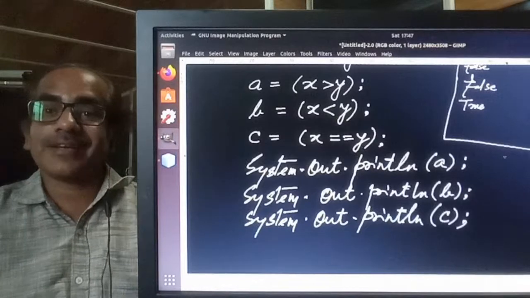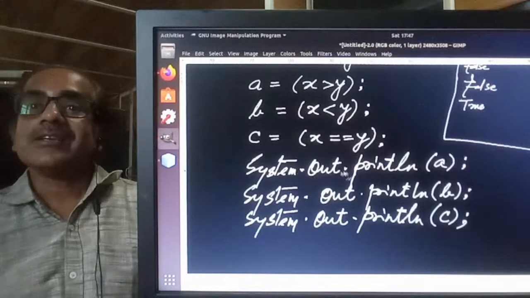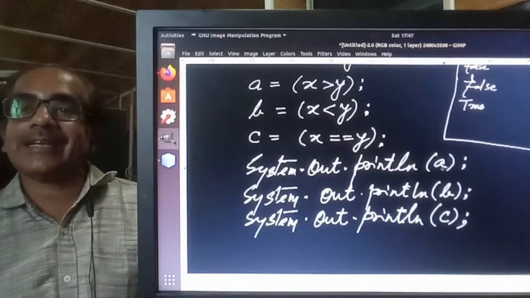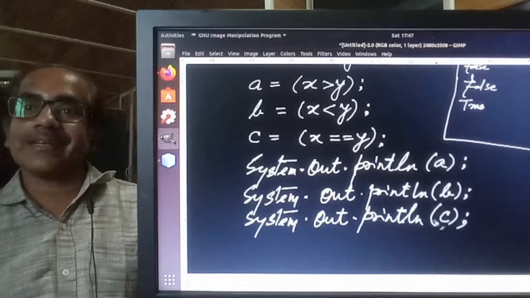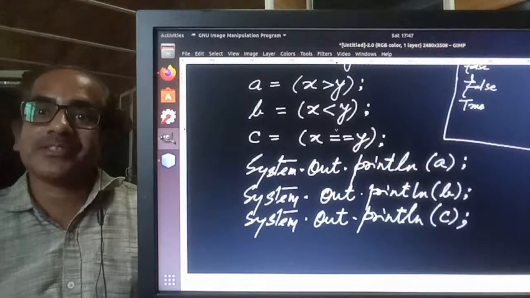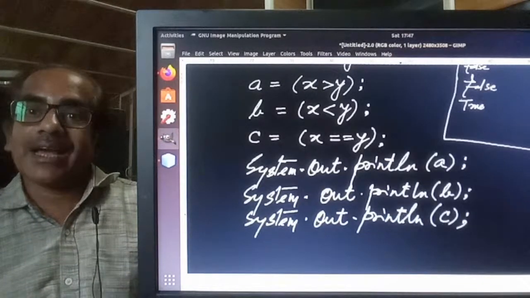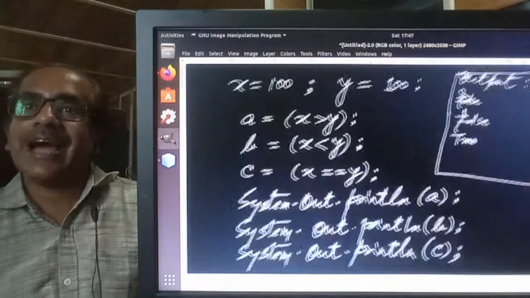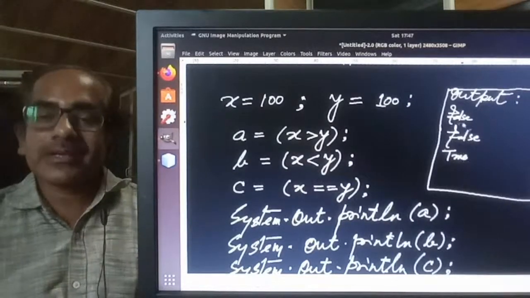It has taken some time, so do not be confused that I am writing randomly. I have written here system.out.println a, system.out.println b, and system.out.println c. Here a, b, and c are assigned on the basis of these expressions. So values of a, b, and c are printed in 3 different lines, and for that I am discussing in the output box what the values will come.